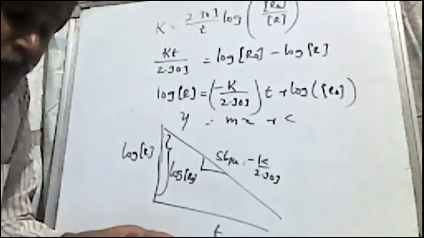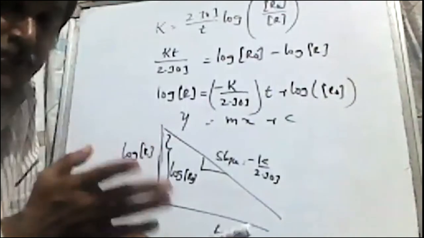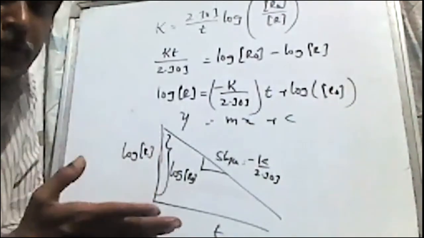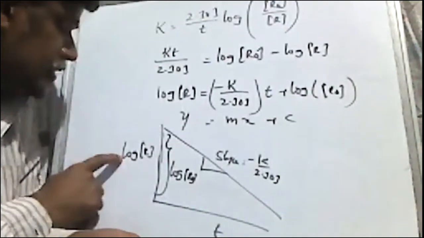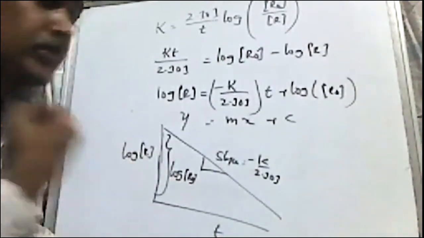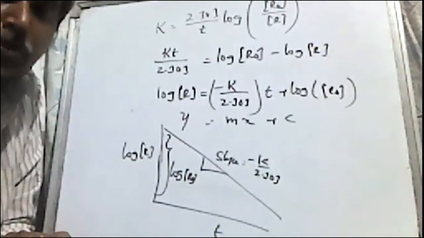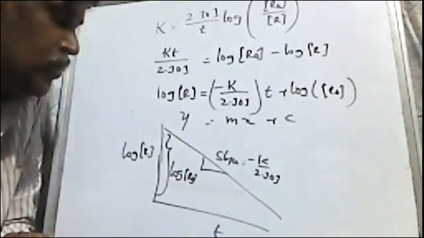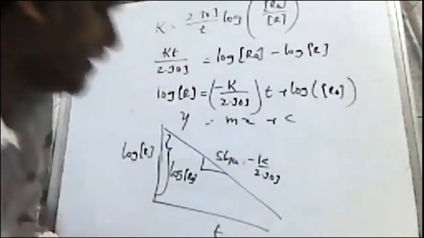In zero order, we plotted concentration of reactants versus time; there also the plot is a straight line with a negative slope and positive intercept. Here the plot is between log R versus time, log concentration of reactant versus time, a straight line with a negative slope, which corresponds to first order reactions.